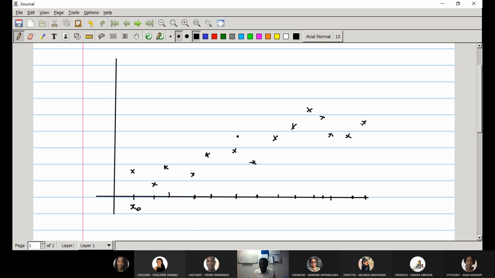Now, if you are asked to represent this, this is a function that is known at these points. Let's say this is n, x sub n, and you have the corresponding values on the y-axis.